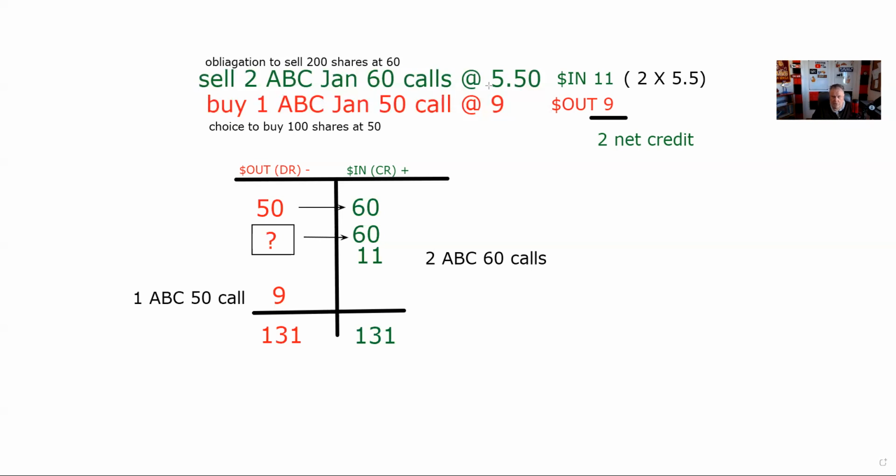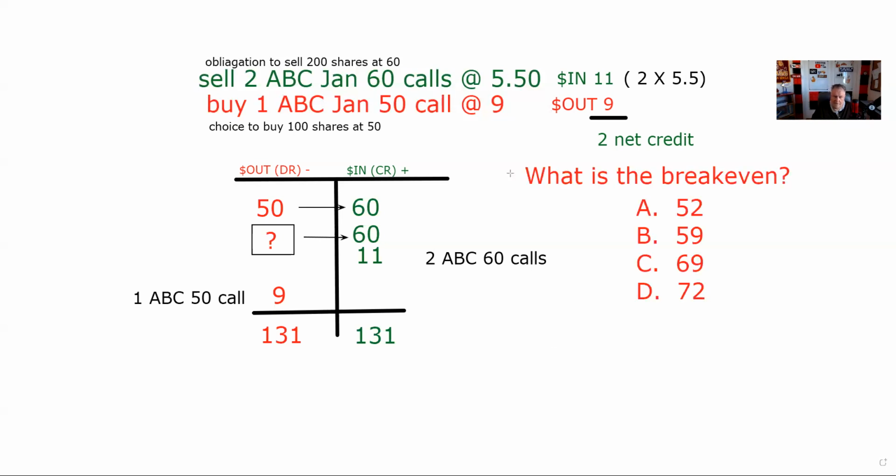Here were the numbers offered to this test taker as a break even. I would start plugging those numbers in and see if it makes the columns balance. 52, no, right? 59, nope. 69, nope. Let's plug in 72 and see what happens.